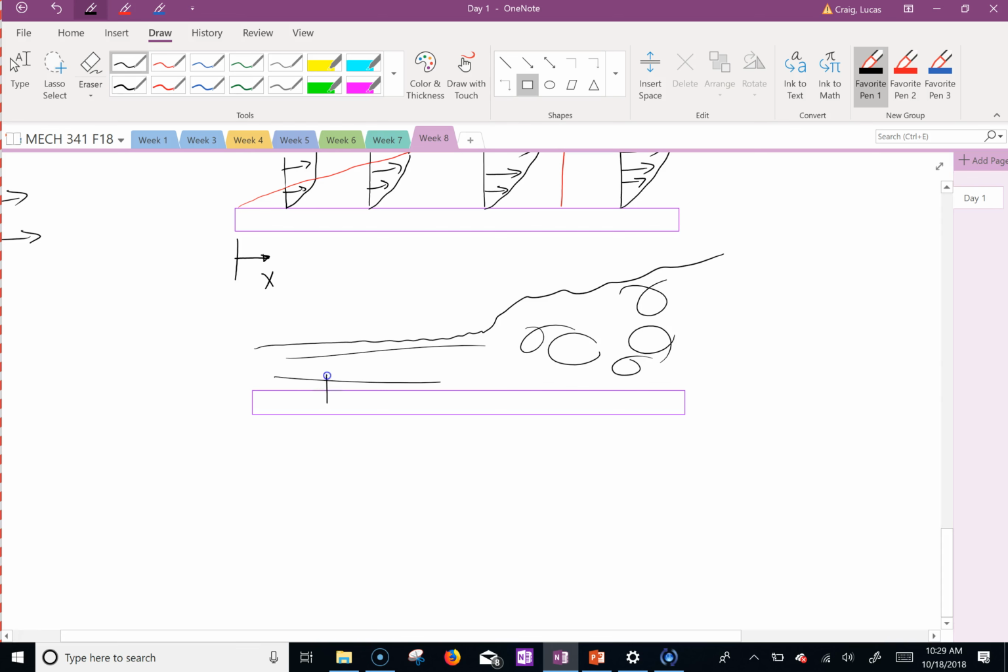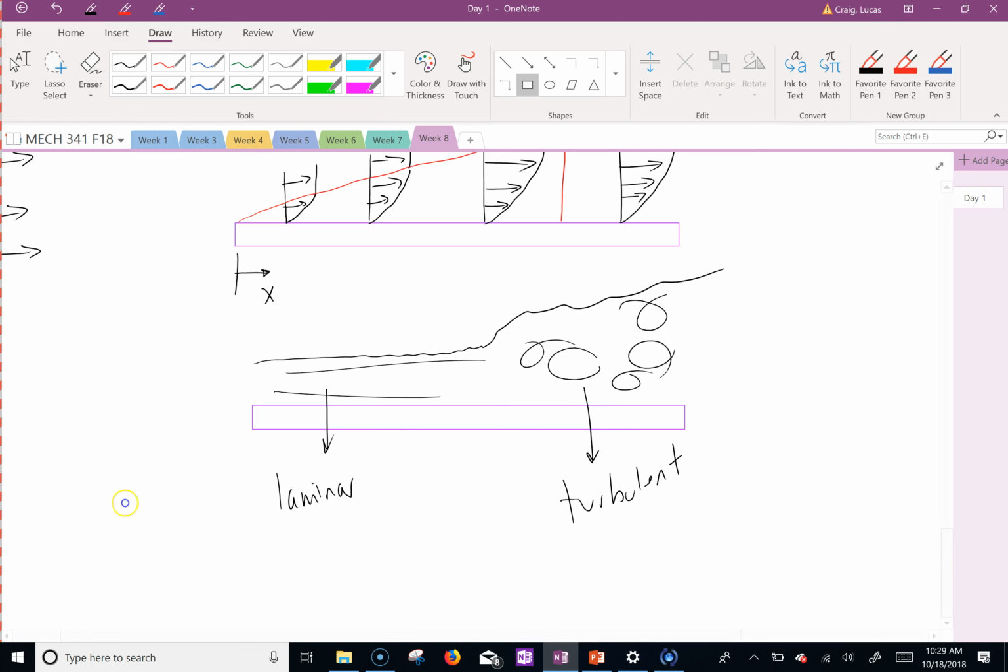So this would be laminar flow, and this is turbulent. And that all depends on how fast this air is moving and how long the surface is, and there are examples of how you determine that, and we'll go through that.